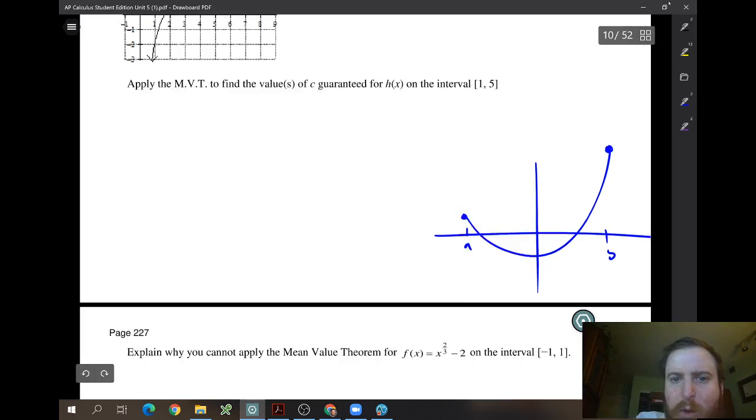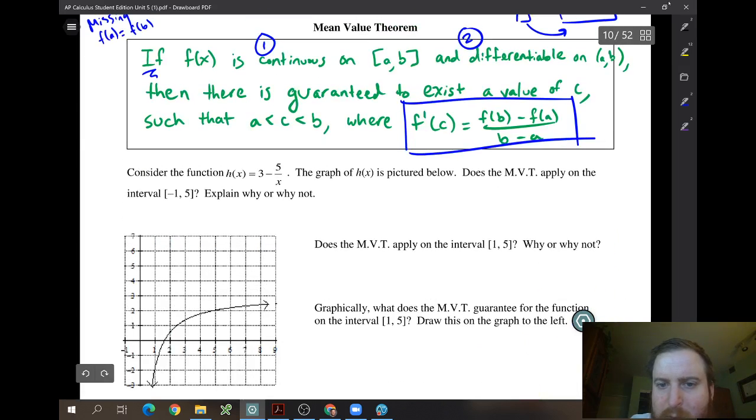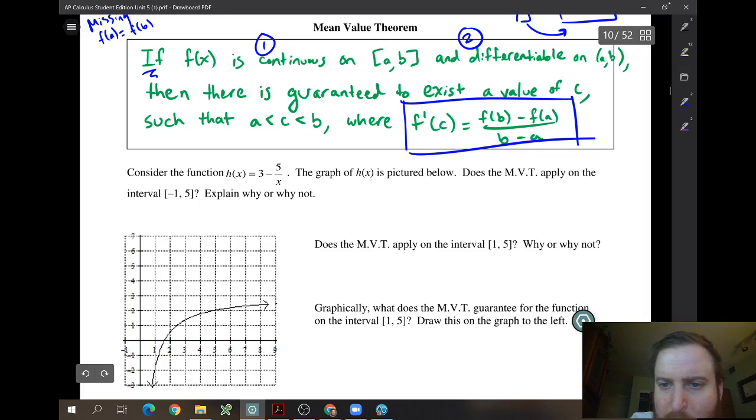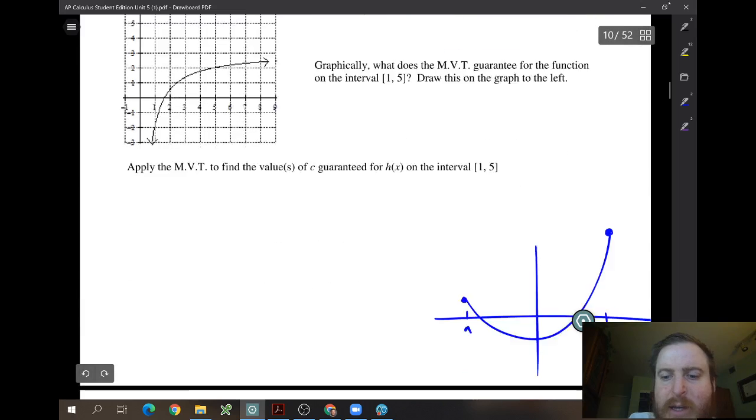So when we think about f prime of c, that's an instantaneous rate of change. So that's some tangent on the graph. When we talk about the f of b minus f of a over b minus a part, that's our average rate of change. Remember we said that's our secant line.